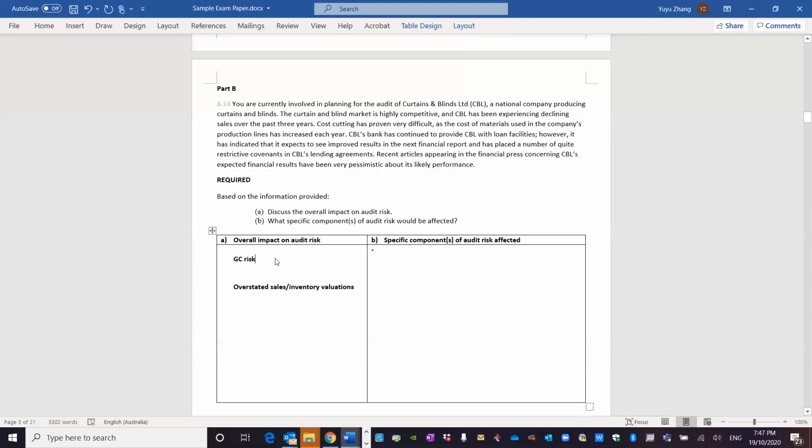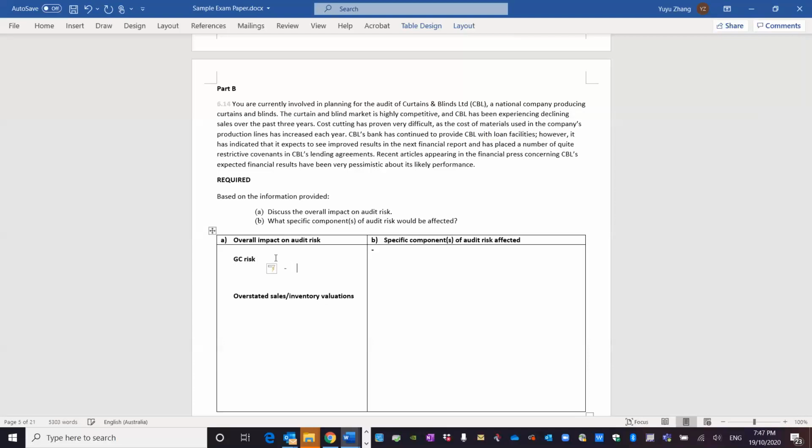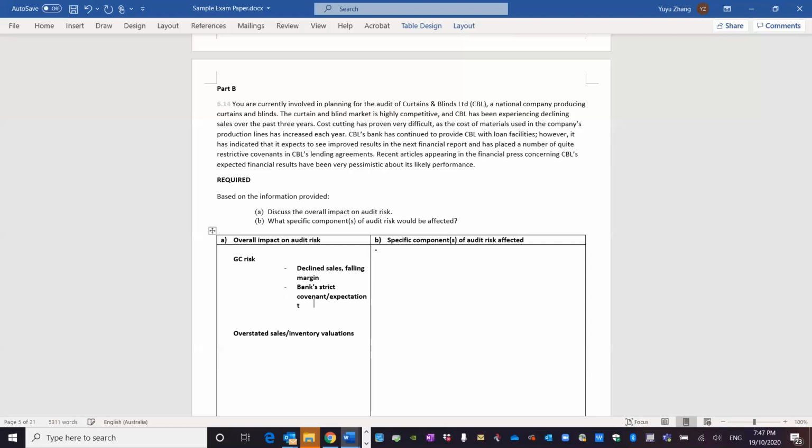So what is the justification for the going concern risk? So declined sales, falling profit margin. The bank's strict covenant and also expectation to see improvement.